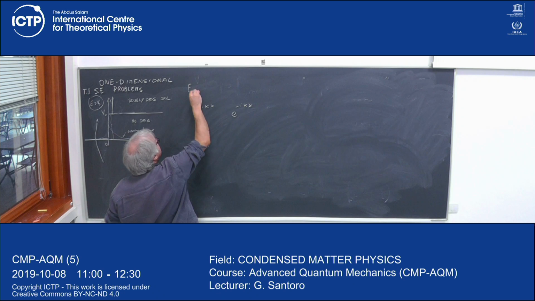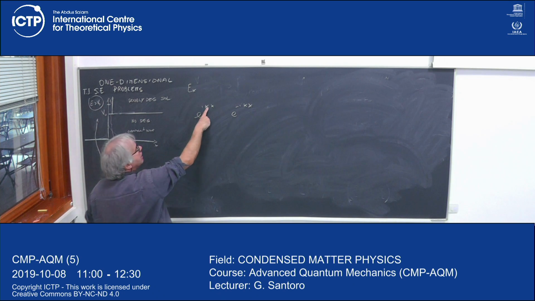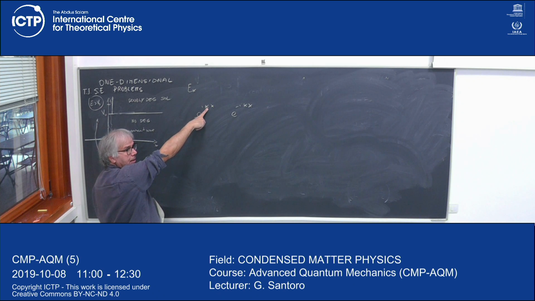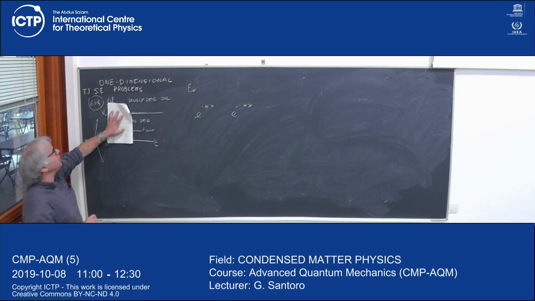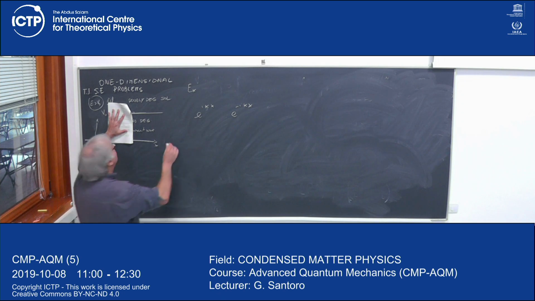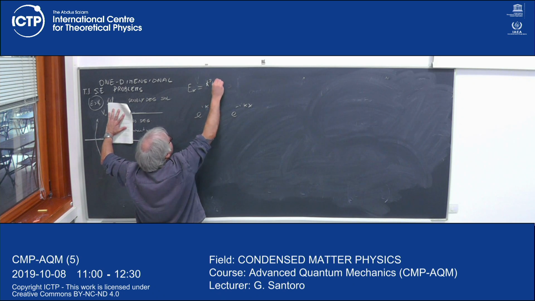In other words, the value of the energy I'm looking at, how is it connected with this k? Don't be afraid about this. Suppose that this was the only thing you had. Then you would say plane wave e to the ikx or e to the minus ikx, and the energy would be? V0 plus. No, V0 is 0. Then just h bar squared k squared over 2m.